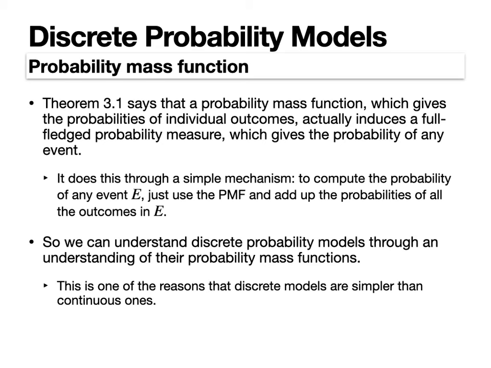You get the probability of an event by simply summing the probabilities of all the individual outcomes in the event, and those probabilities are given by the probability mass function. So this means that we can understand discrete probability spaces through an understanding of their probability mass functions.